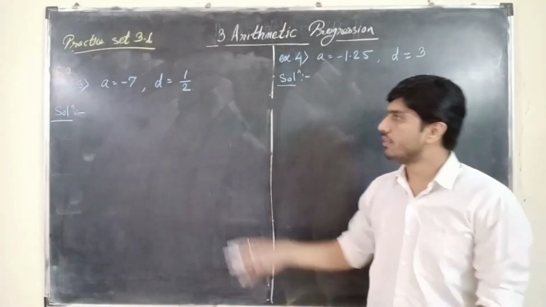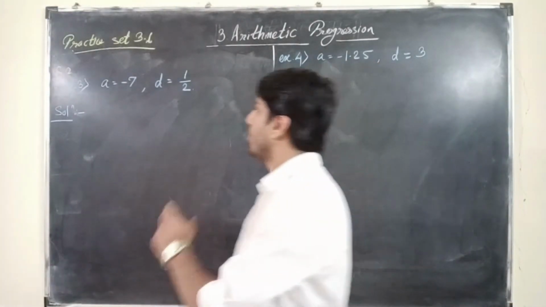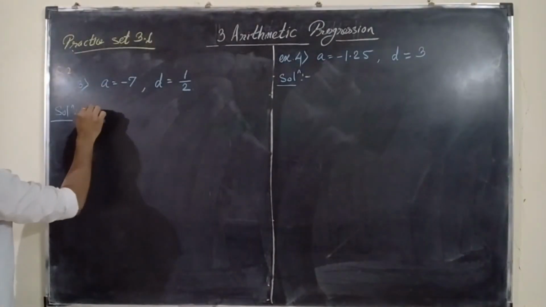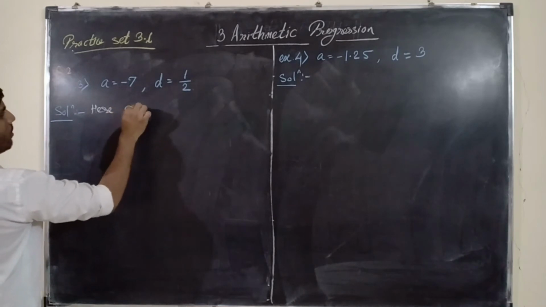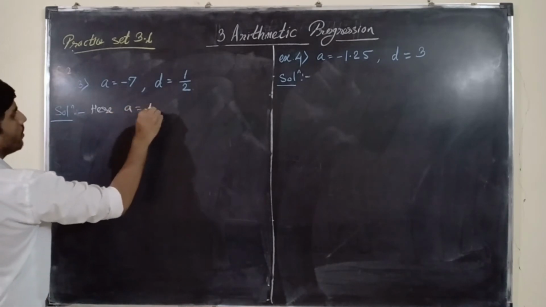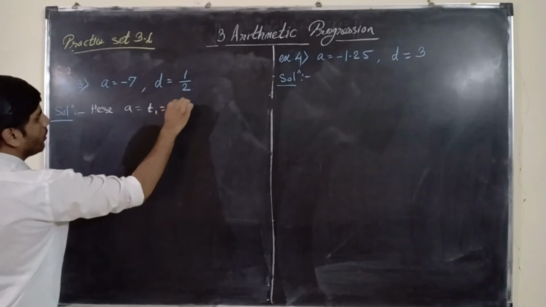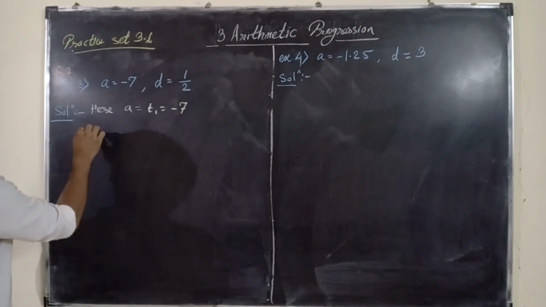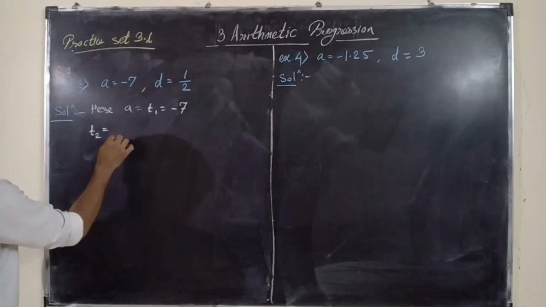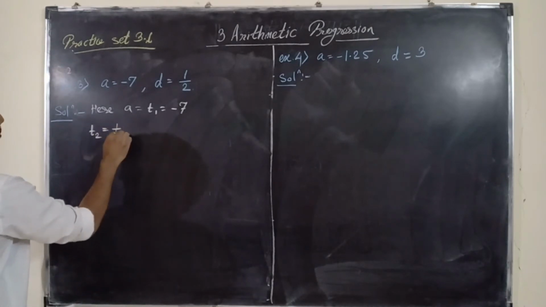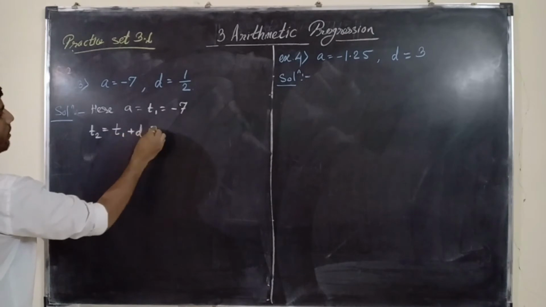Now we will start with the third example from question number 2. Again here a is equal to t1, which is equal to negative 7. Now we will find t2, which is equal to previous term plus common difference.